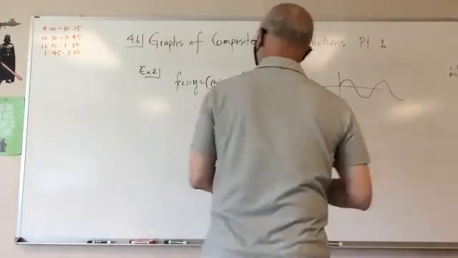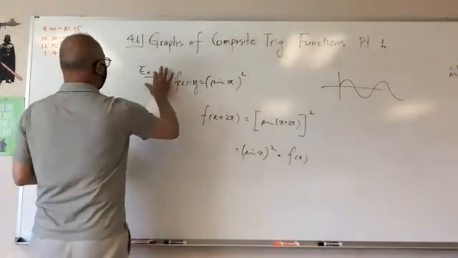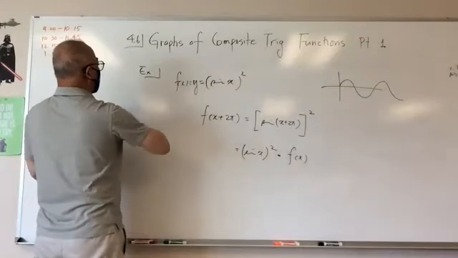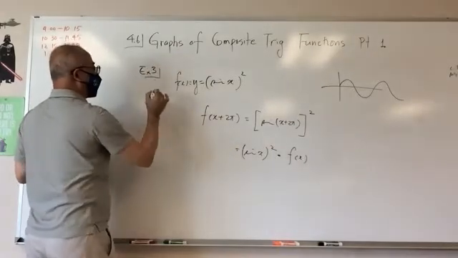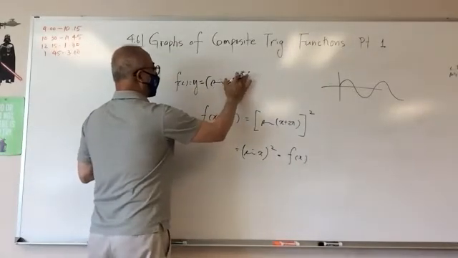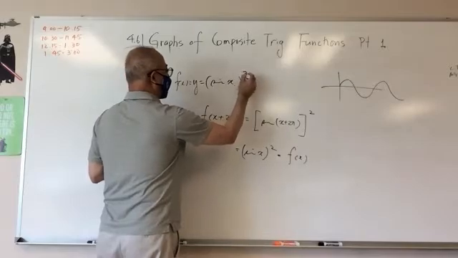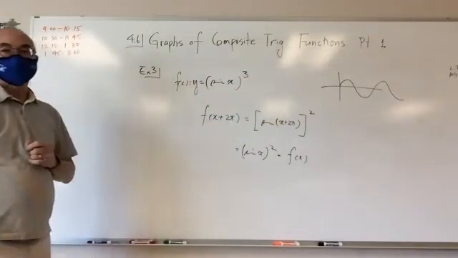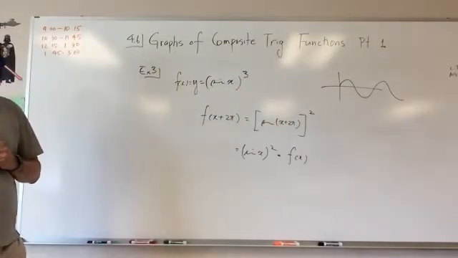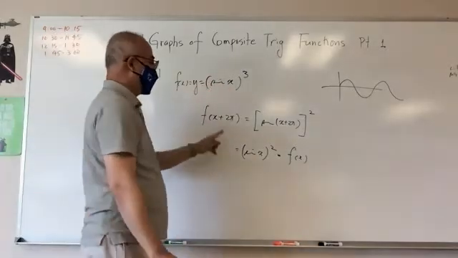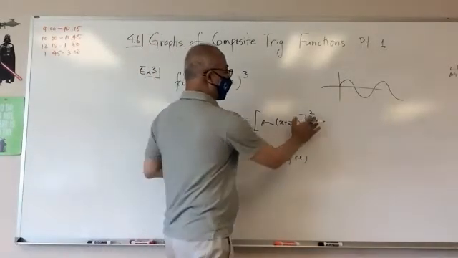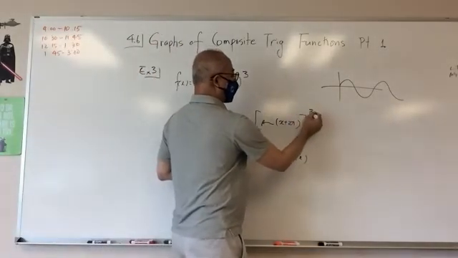Okay, and so we're going to go ahead and change this to example number 3. In example number 3, we are going to look at sine x to the third, right? That's what the book says. So we're going to do this, and this is going to be to the third instead.